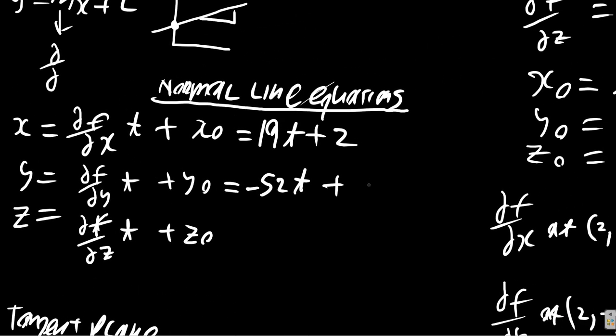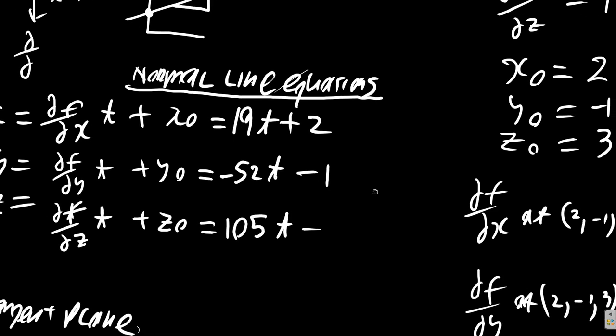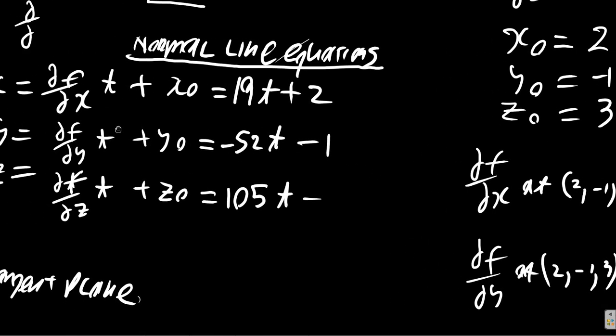So here, y naught is negative 1, so this will be really a minus 1. And then delta f by delta z was 105, so it's 105t minus, and that third coordinate was 3.